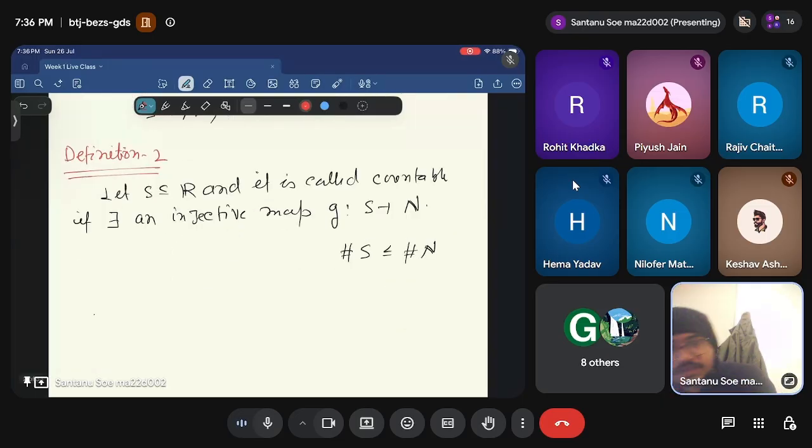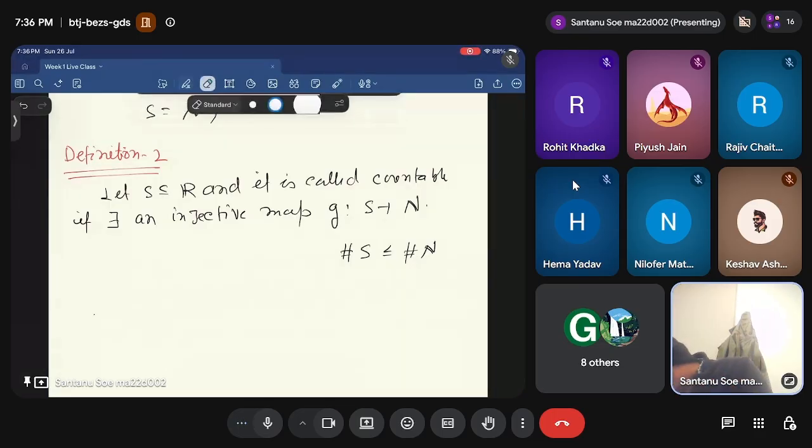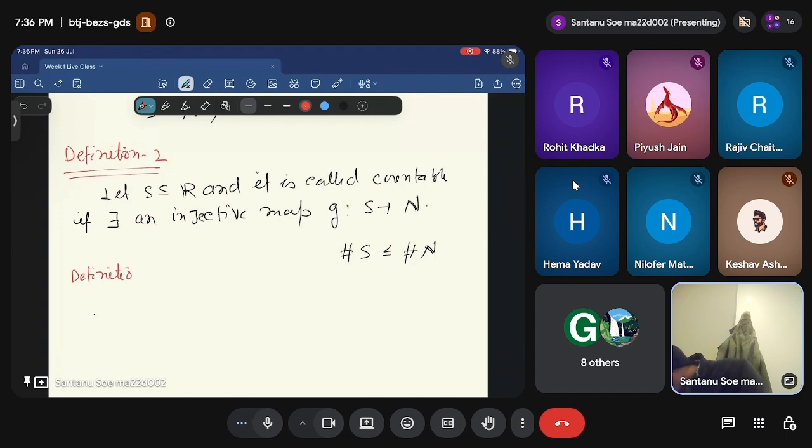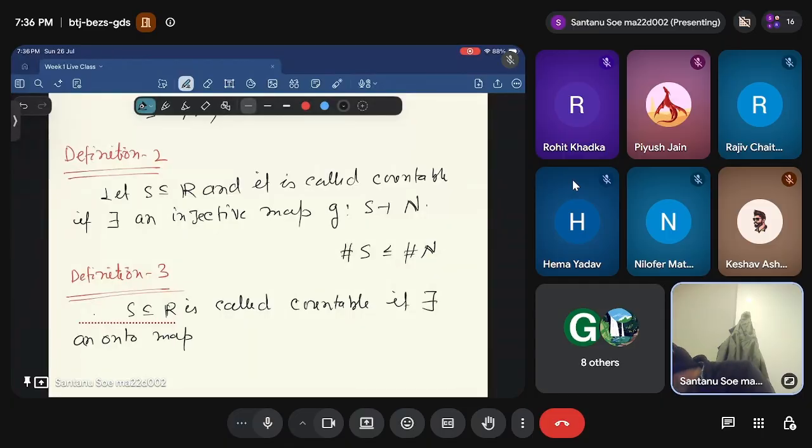And there is another definition in terms of surjection also. This is definition 3. A subset S of R is called countable if there exists an onto map g from N to S. Okay.